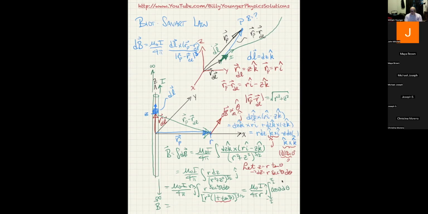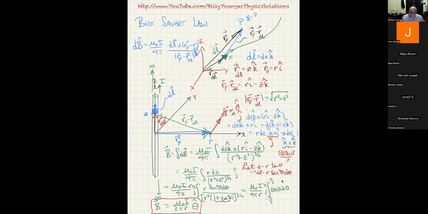And then minus the sine of negative pi over 2, which is -1. So minus negative would be 2. So I'm just going to get mu 0 I over 2 pi r instead of 4. So 2 pi r. And as I told you, from a symmetry standpoint, we can go ahead and call that the theta hat direction instead of the j hat direction. And that happens to be exactly the right answer.